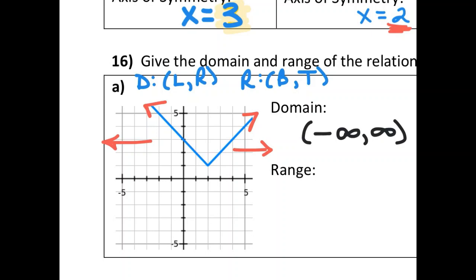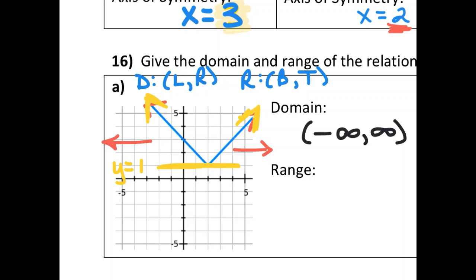Now, the range is going to be looking from the bottom to the top. Now, the bottom-most part of this graph is right here where I'm drawing that yellow line. And remember that your range is y values. So that yellow line is where y equals 1. But notice that the graph is going forever up on both sides.